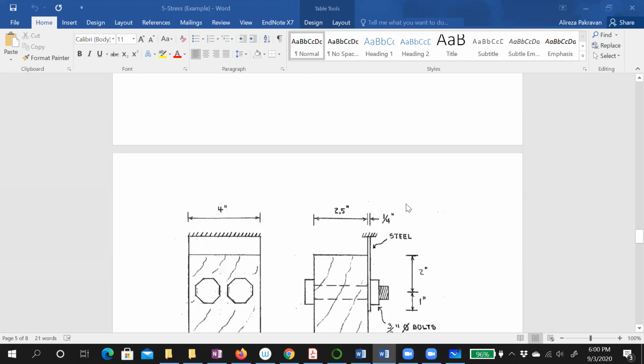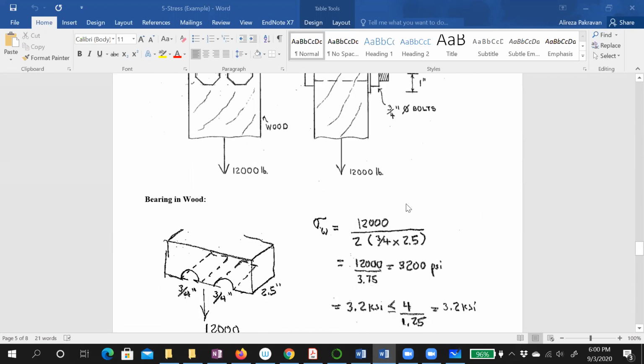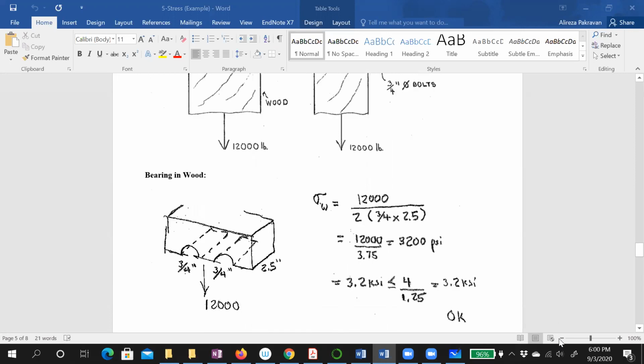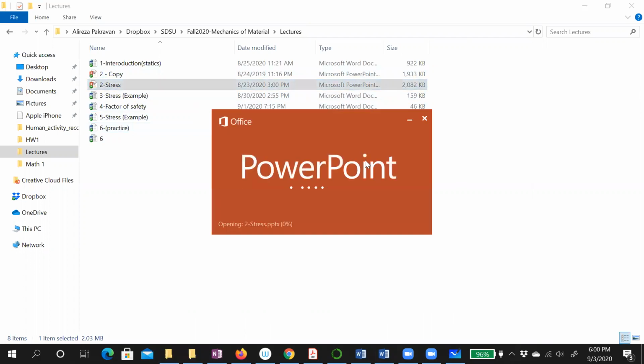Let's go to the bearing for wood. For the bearing, we should use the formula from the last lecture, if you remember. Let me open that file again, maybe it would be helpful.